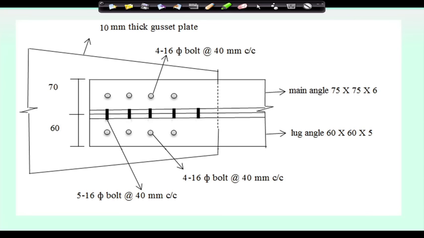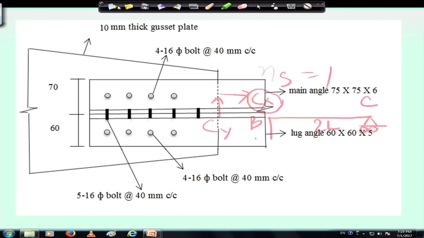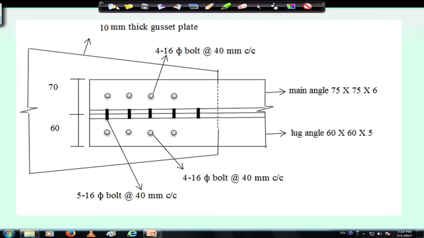It would be like this, say this is the lug angle and this is the main angle. The number of bolts required to connect the gusset plate and main angle will be 4, which we got, and the number of bolts required to connect the gusset plate with the lug angle will also be 4, and the number of bolts required to connect the main angle with the lug angle will be 5.